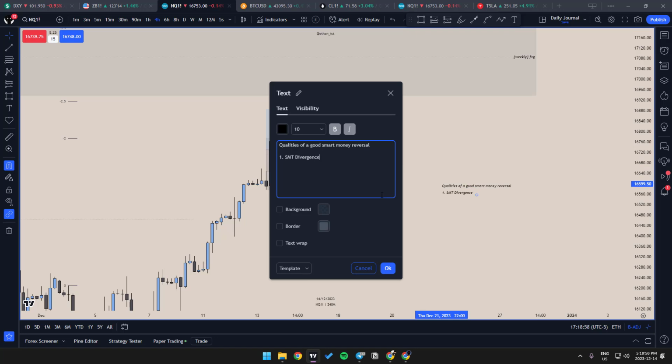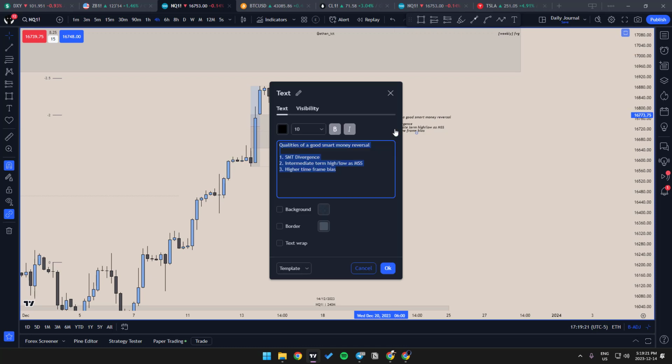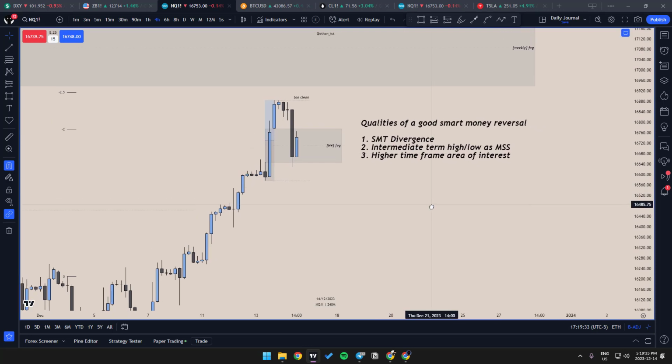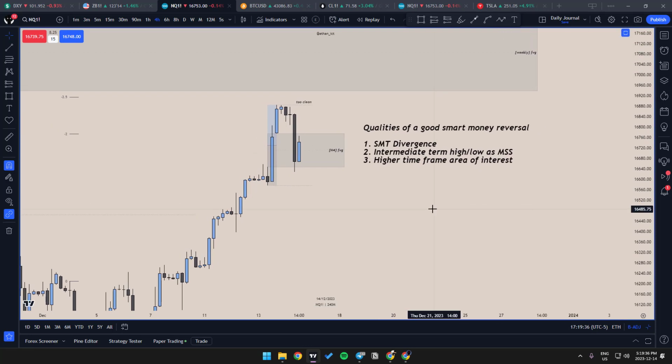SMT divergence, intermediate-term market structure shift, higher time frame bias. So these are the 3 things I'm always looking for whenever I'm looking for a high probability smart money reversal.